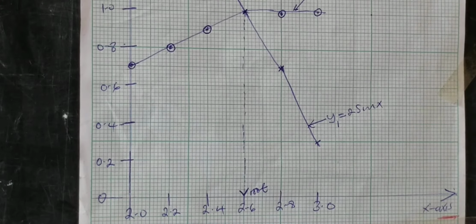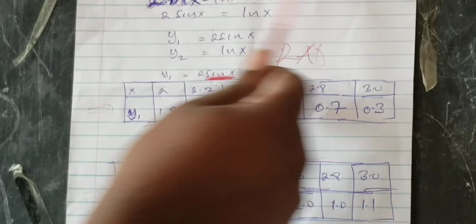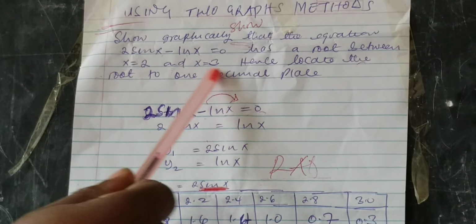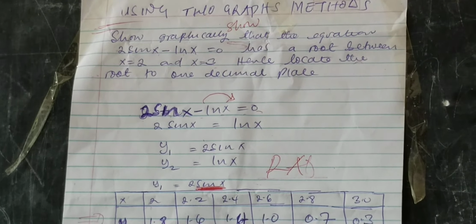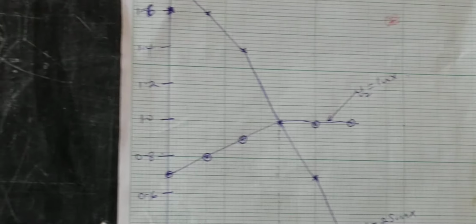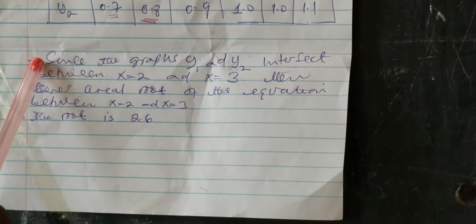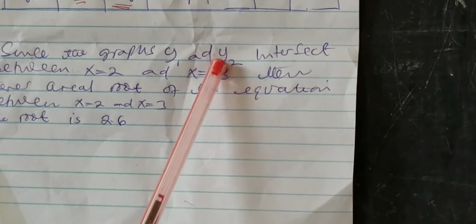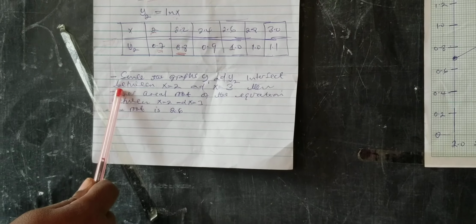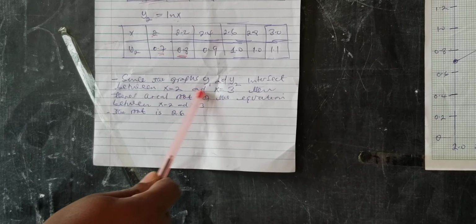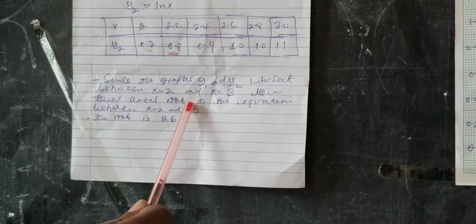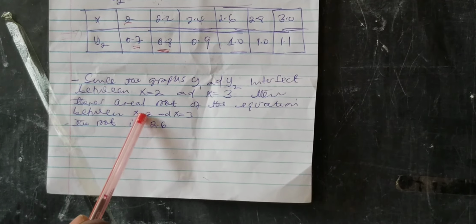Because the question required us to show that the equation has a real root between x is equal to 2 and 3, after plotting our graphs, we make a conclusion. Don't conclude on the graph, you make a conclusion that since the graphs y1 and y2 intersect between x is equal to 2 and x is equal to 3, then there is a real root of the equation between x is equal to 2 and x is equal to 3.